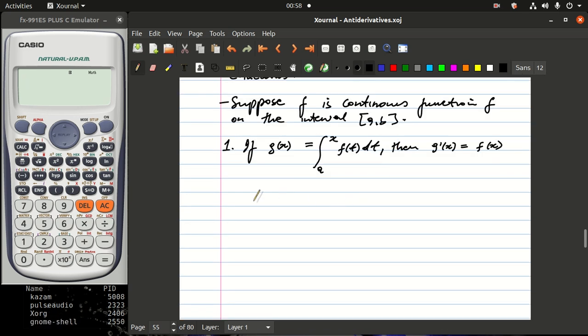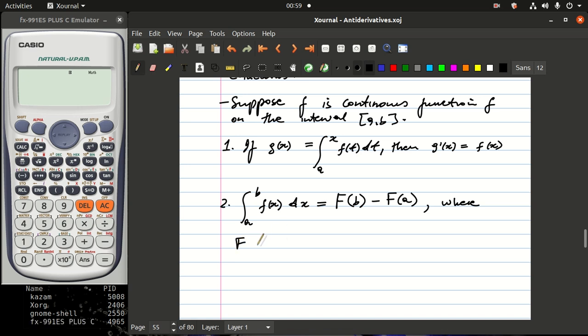The second condition here is saying this: if I have the definite integral from a to b of f of x dx, it says that the definite integral is just going to be the capital F of b minus F of a, right? Where F is any antiderivative of f.